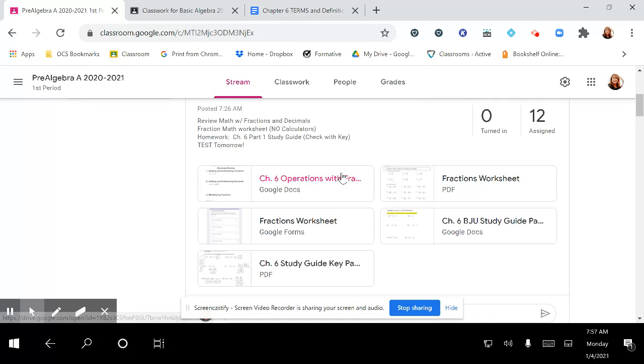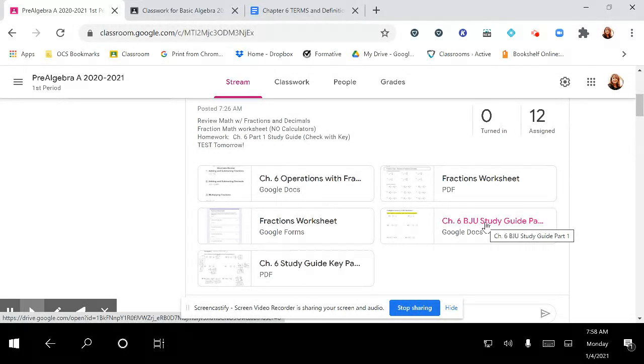First of all, we do have a worksheet that we're going to work on in class today. And then for homework, you have a study guide, just like we usually do at the end of chapters. But this chapter test, we're going to take in two parts. We're going to take part one tomorrow, and then next week, we're going to take part two, okay? And this part is going to be without a calculator.